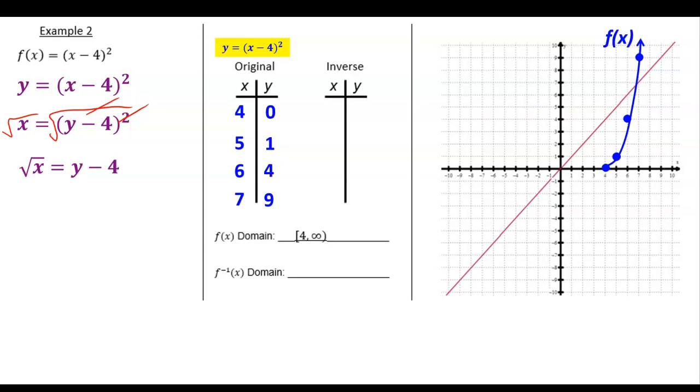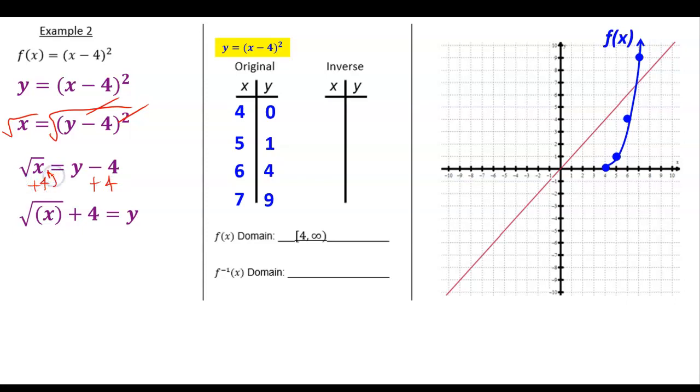And how would I get rid of that minus 4? The opposite of that minus 4 is plus 4 on both sides. Plus 4 here. Plus 4 here.